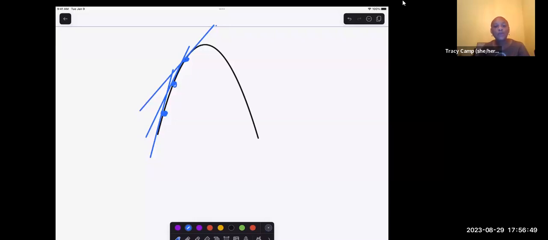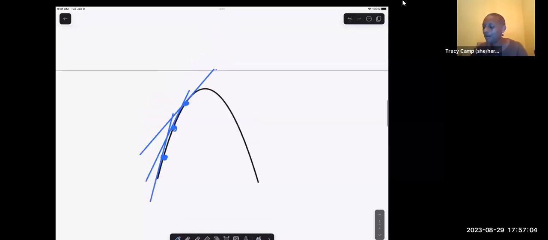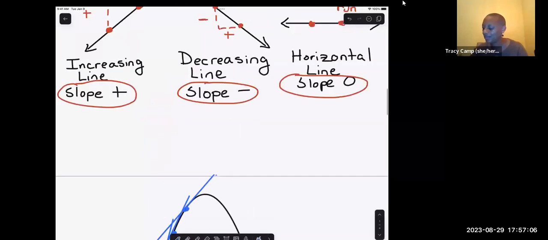What I want you to notice is that all the tangent lines I drew are on the part of the curve where the curve is increasing, and all the tangent lines are also increasing. Which means that since the tangent lines are increasing, all of their slopes are positive.